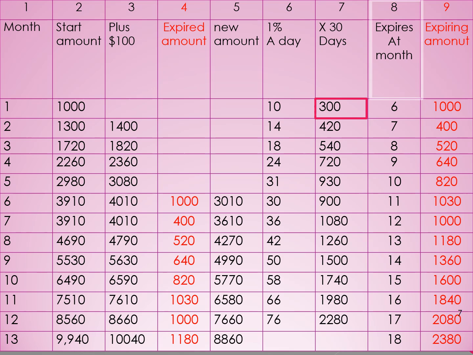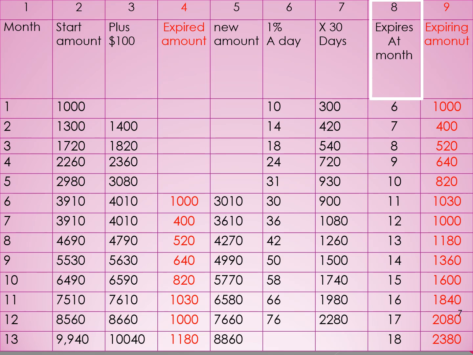Now let's take a look at column 8 where it says expires at month. Each position expires after 150 days at an estimated 1% a day return.